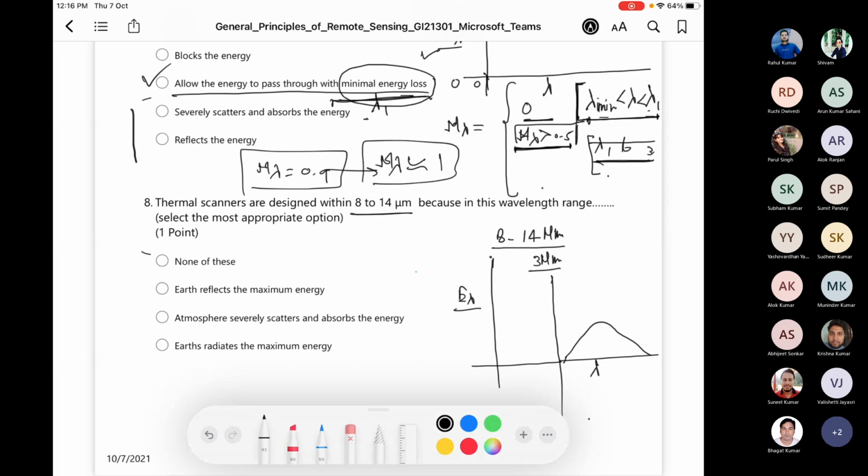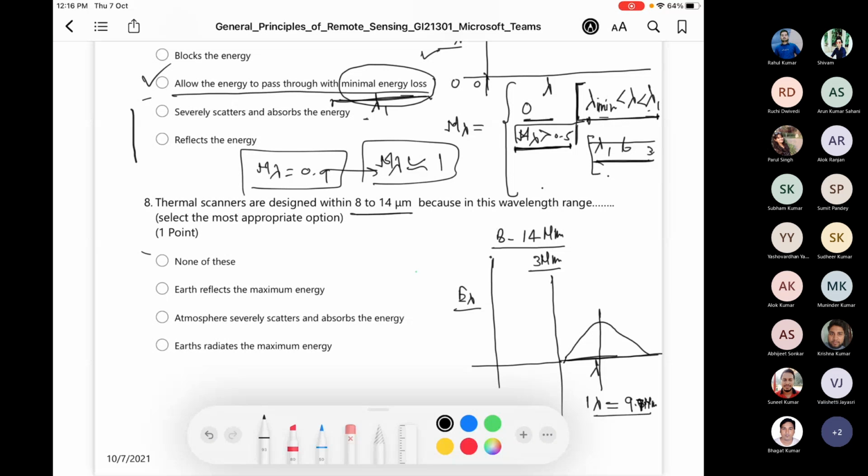And when the wavelength increases, it reaches its peak value at what wavelength? Lambda is equal to 9.7 micrometer.